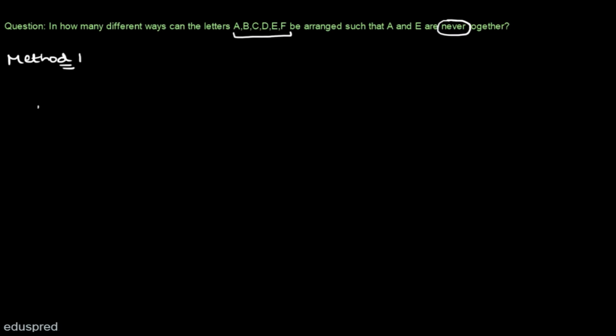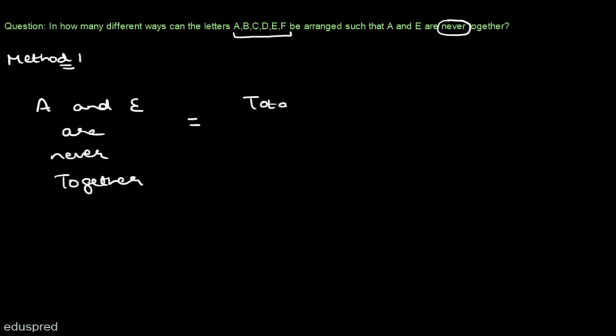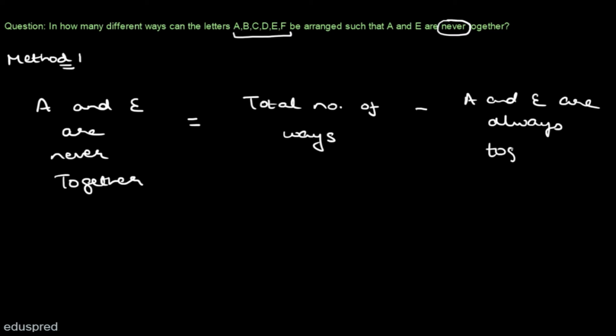So we have to find the number of ways to arrange these 6 letters such that A and E are never together. Well, this is simple. To find this, all you have to do is total number of ways minus all those ways where A and E are always together.